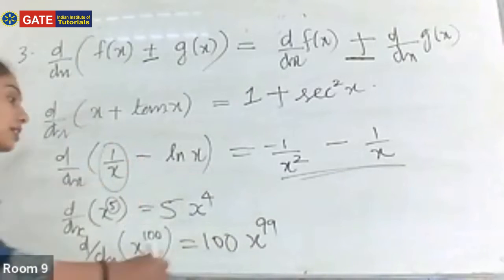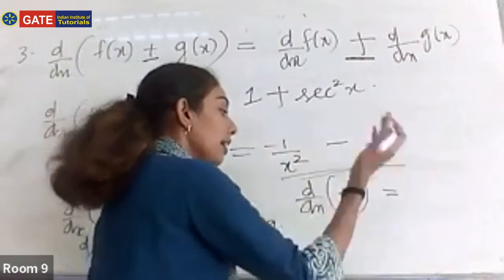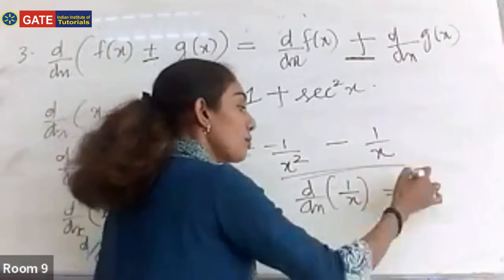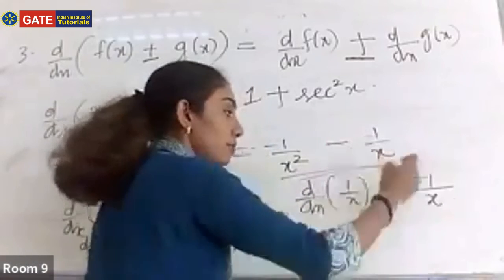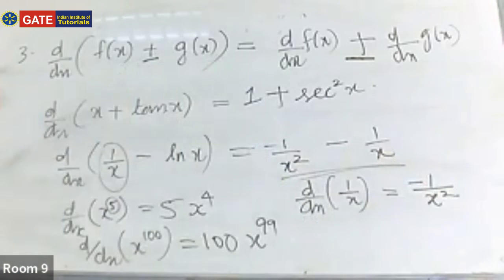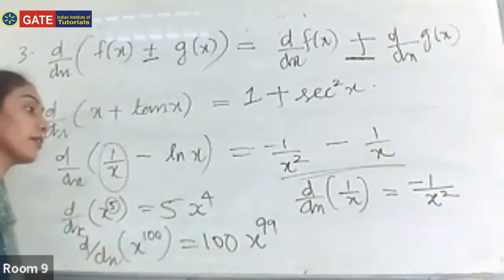But what if you have 1 by x? 1 by x means it is like a reciprocal. So minus will be there and minus 1 by, here you have to increase the power by 1. Here when we write, we decrease the power by 1; there we have to increase the power by 1.